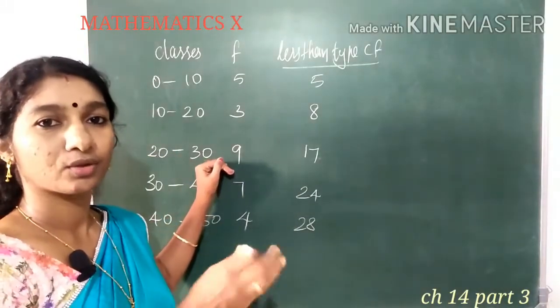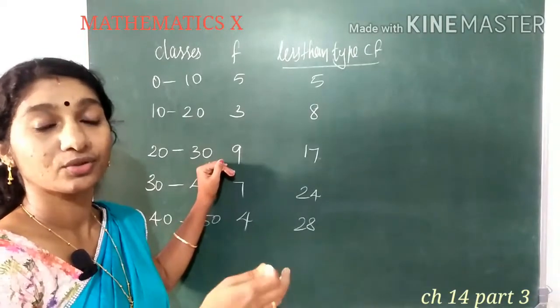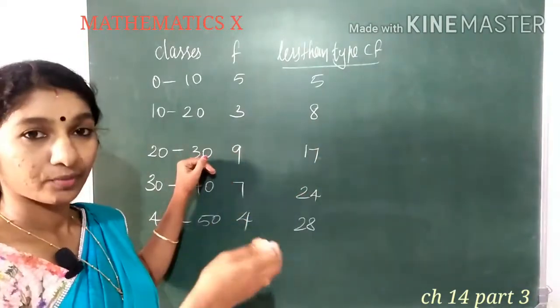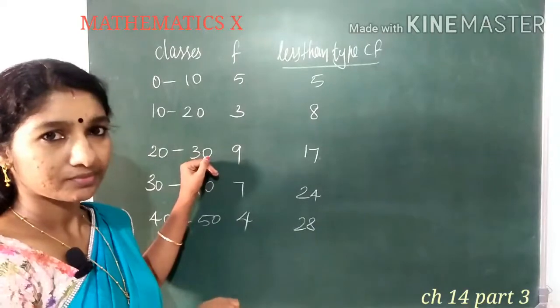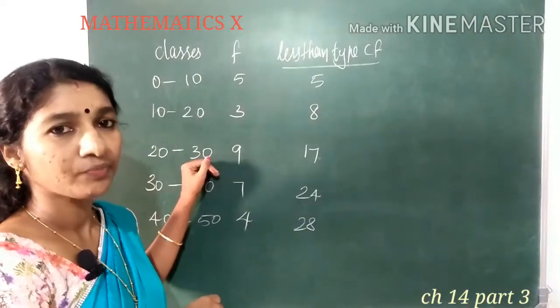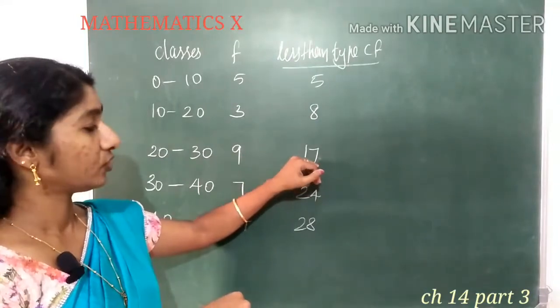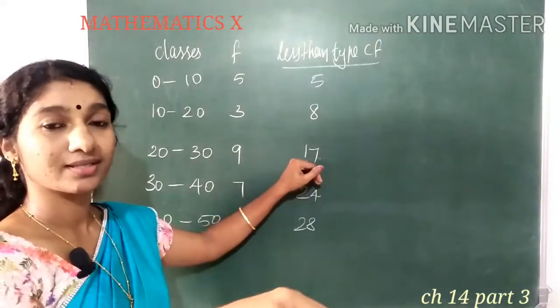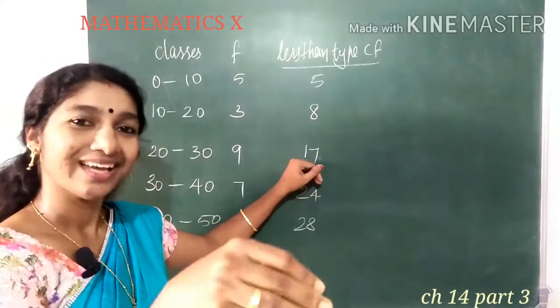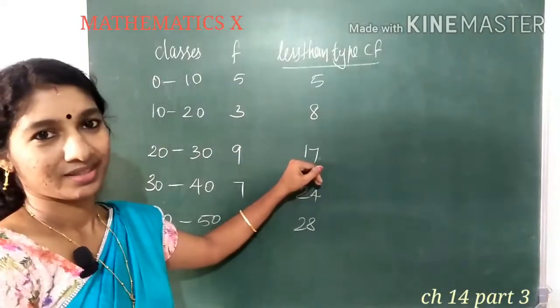It may come 21 or 22 or 22 and a half or 23, 24 like this up to 29.5 or any value it may come. We don't know the exact value of the 14th position student, her or his exact value we don't know, isn't it?